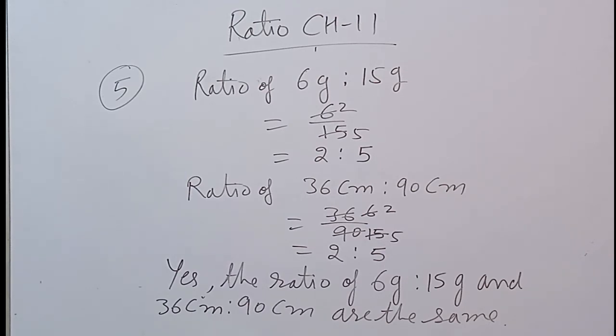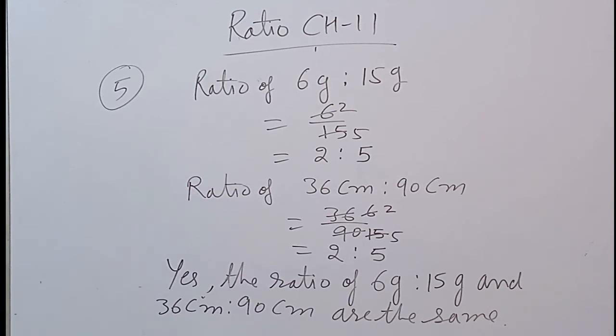Now the ratio of 36 centimeter and 90 centimeter, that is 36 upon 90. By which number can we divide 36, and by which number can we divide 90?